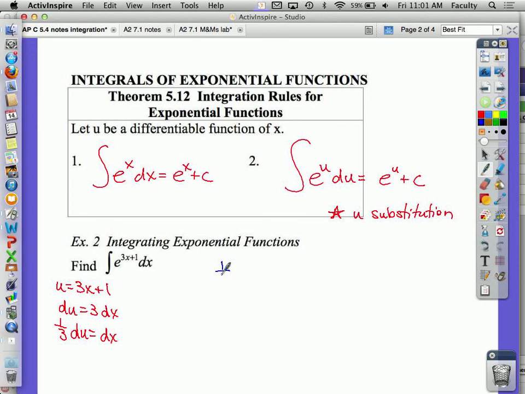So, this becomes 1/3 the integral of e to the u du. So that's 1/3 e to the u plus c, which is 1/3 e to the 3x plus 1 plus c. Do you guys see that? It's really not bad. Not bad at all.